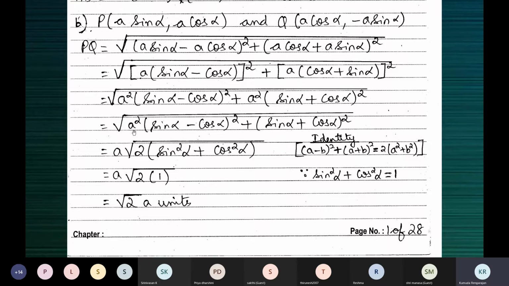Take out a square common. In the bracket, you have this. Now this is like a minus b the whole square plus a plus b the whole square, which is 2 of a square plus b square. And sine square alpha plus cos square alpha is 1. So 2 into 1, 2. Root 2 a units.